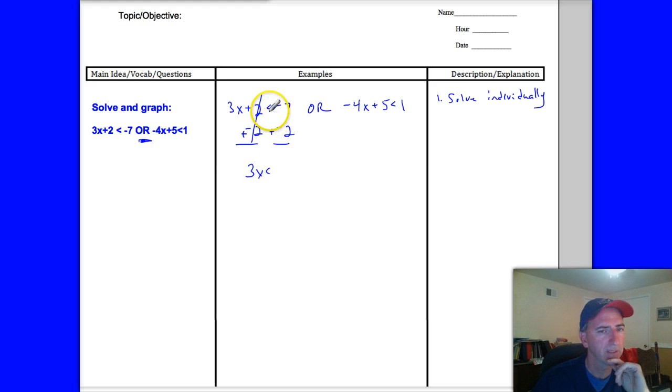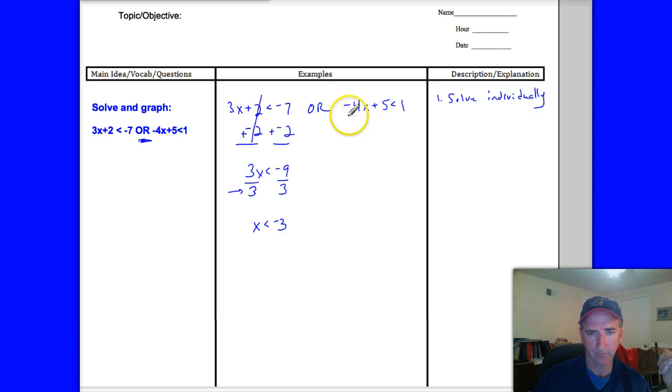You don't reverse it because it is adding to both sides, so -7 plus -2 is -9. We divide that by 3, and we're dividing here, so do we reverse that? That's a negative number. I hope you're saying no, no, no. You don't, because you're dividing by a positive number, so you don't flip the sign here. You end up with x is less than -3.